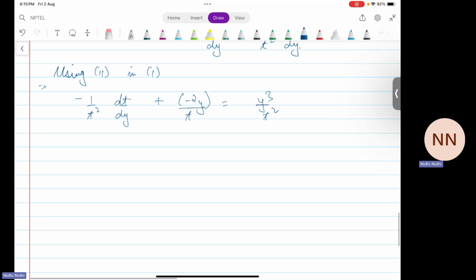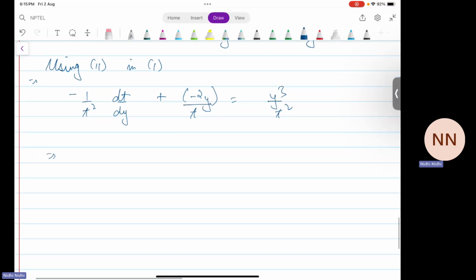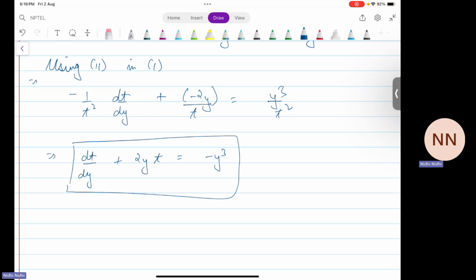So simplifying it, we get dt by dy plus 2yt is equal to minus y cube. So now this is a linear differential equation in variable t.